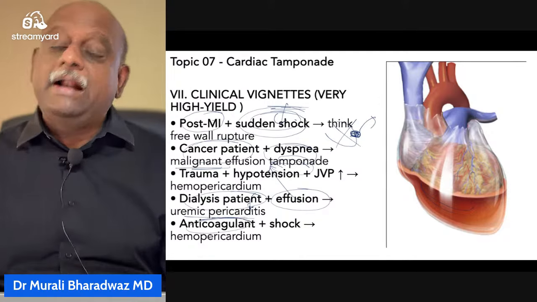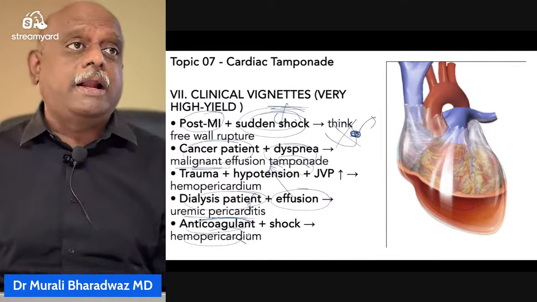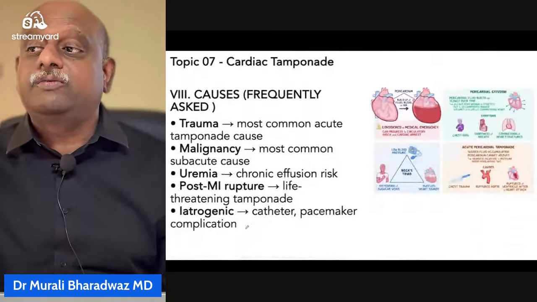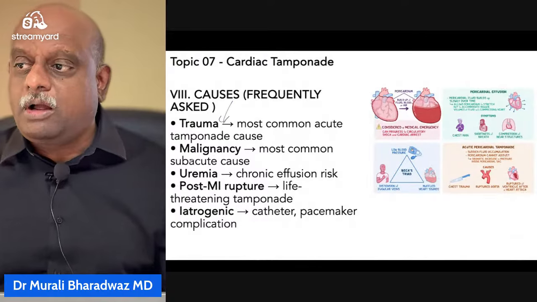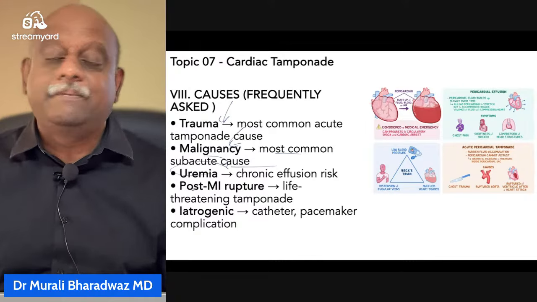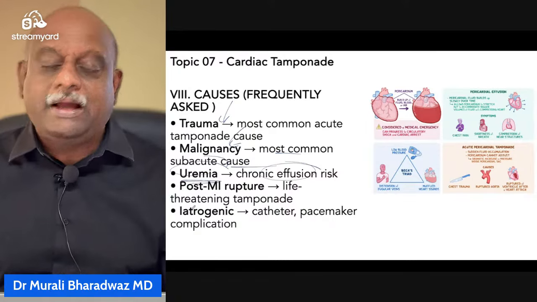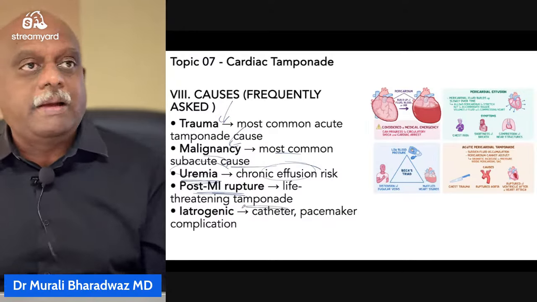Any patient on anticoagulant can develop hemopericardium and can go into pericardial tamponade and shock, is what you need to remember. Of all, what is the most common cause? It is trauma. Subacute, most common cause, malignancy. Chronic effusion, uremia. Post-MI can lead to tamponade.